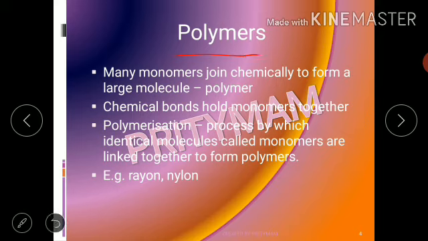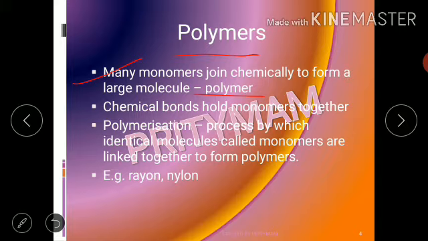Students, you might have seen garlands made of many flowers. Similarly, a fiber is made of several similar units strung together, and each individual unit or molecule is called the monomer. So many monomers join chemically to form a large molecule which is called the polymer.